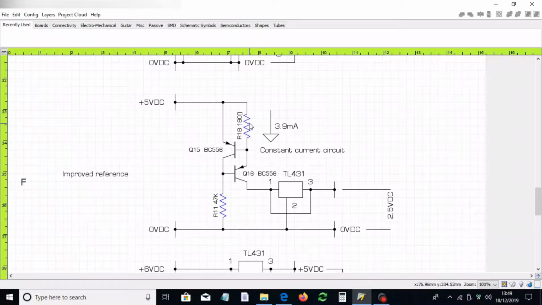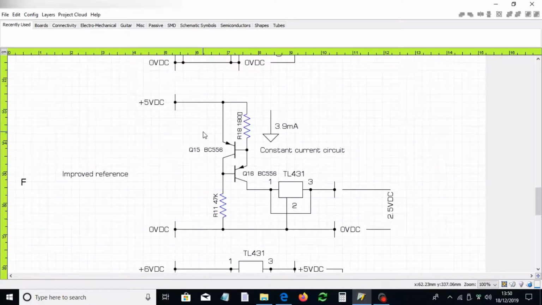Using a 180 ohm resistor here, R18, I obtained a 3.9 milliamp current going into the TL431. This is a fairly cheap, inexpensive way of deriving a constant current source. You can do it many ways, but this is probably the most economic way.